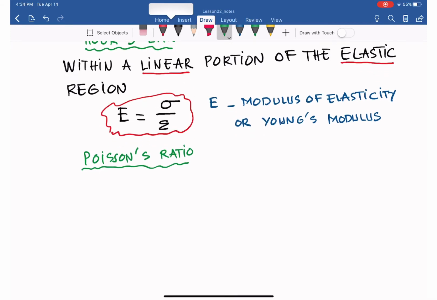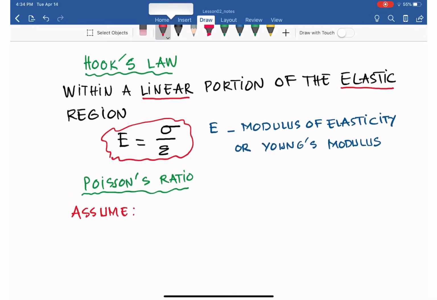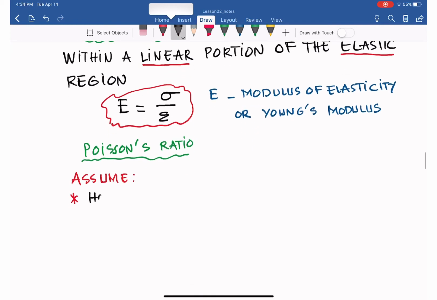For Poisson's ratio, we basically have two assumptions. We assume the material is homogeneous. What does homogeneous mean?